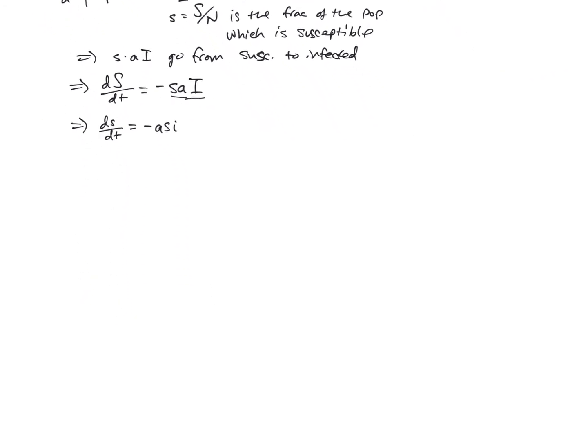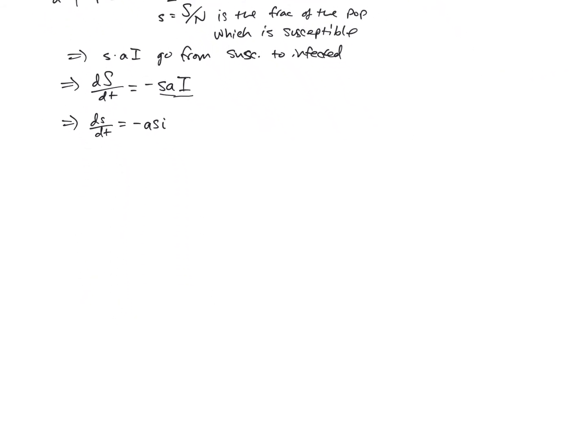Okay, so that's our differential equation for S. Now, what about I? dI dt, how is the infected population changing in a unit of time? Well, it's growing by the same discussion that we just had before. It's growing by s A I, the number of people out of the susceptible population that we got.